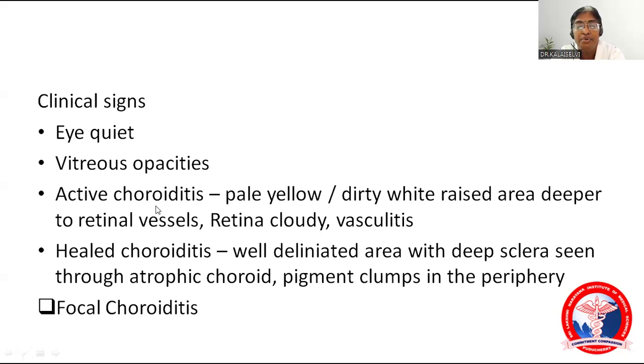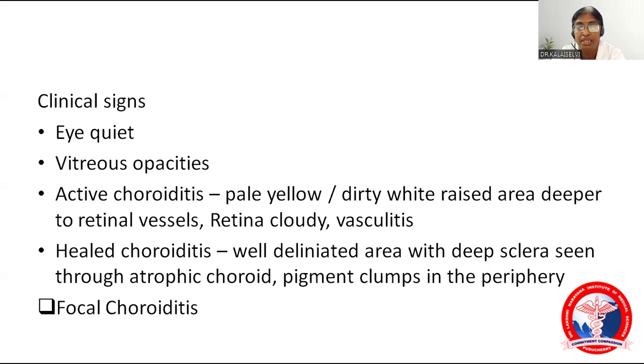When active choroiditis is seen in the peripheral choroid, the vision might not be affected because they can have floaters alone, but defective vision usually does not happen in peripheral involvement.